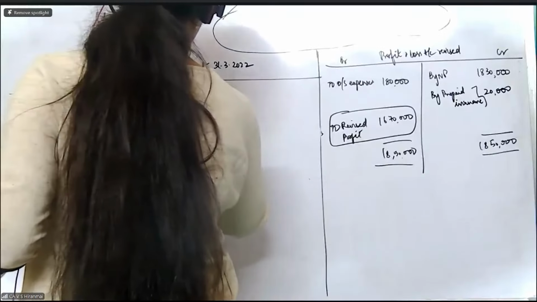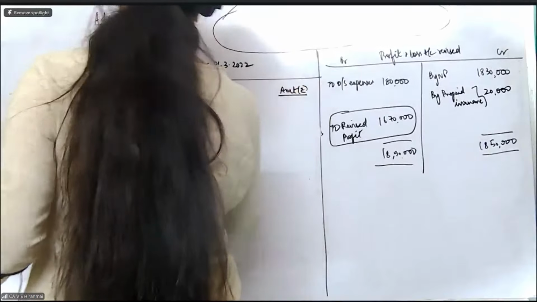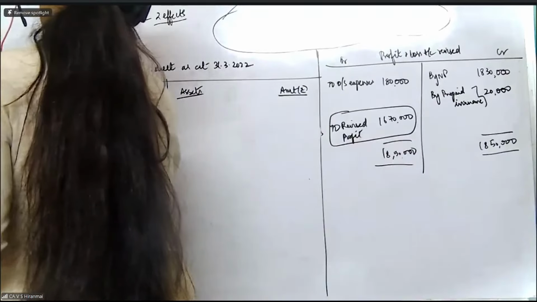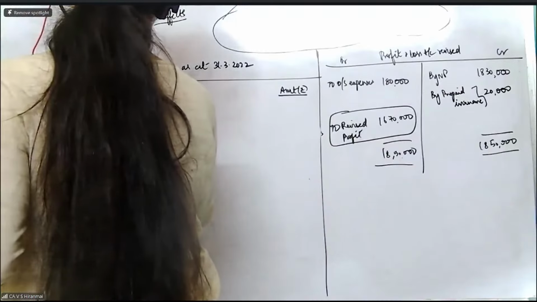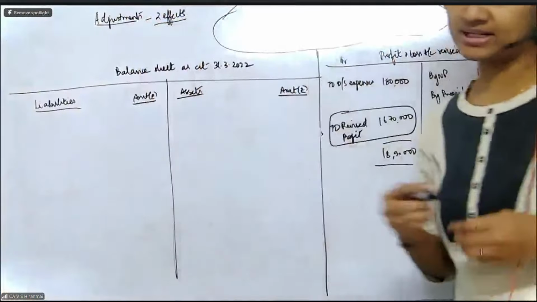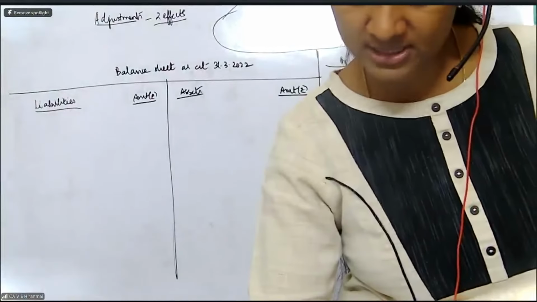So these are my assets. These are my liabilities. Okay, assets and liabilities. Now, my dear students, let us go and see what is given to us here.